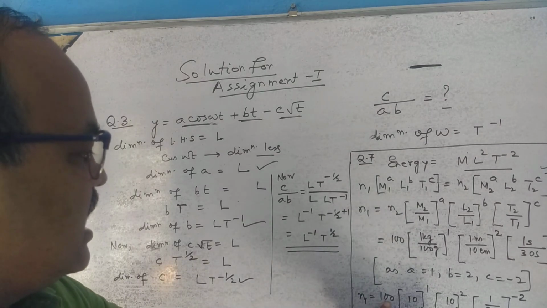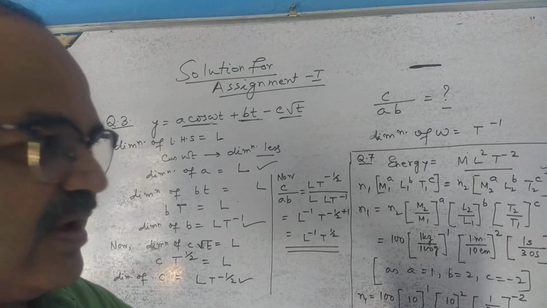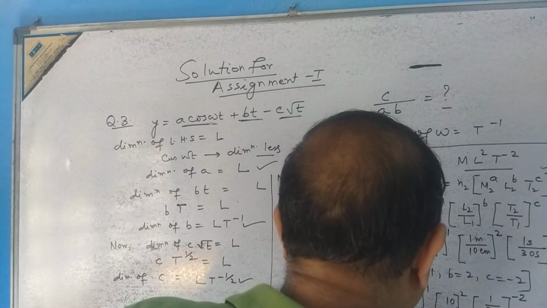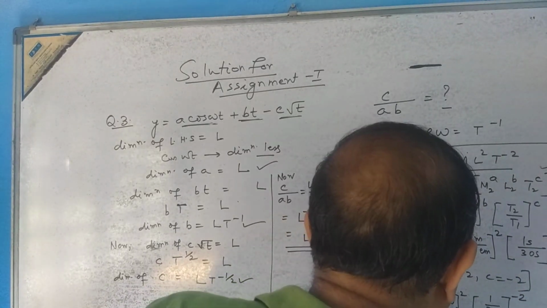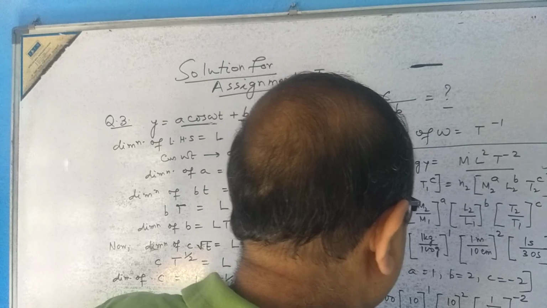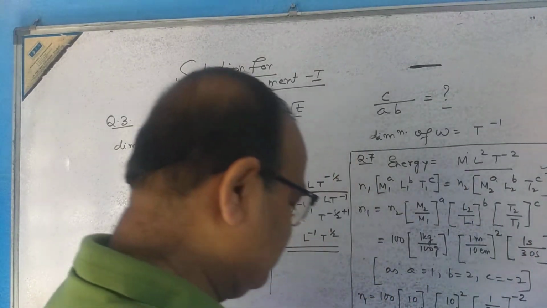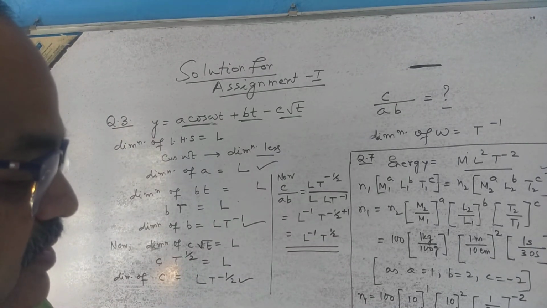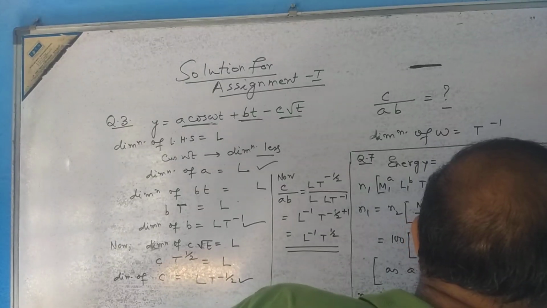This is 100 into 10 into 100, 10 to the power 5. These two will become 10 to the power 5 into 1 by 30 to the power minus 2, means it will be 900. Right, that means 9 into 10 to the power 7. That will be the answer. Obviously, it is this much new unit.